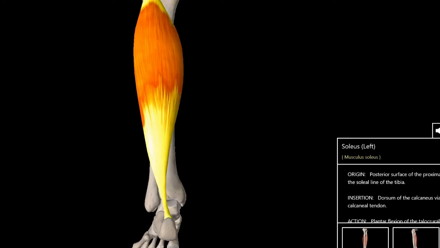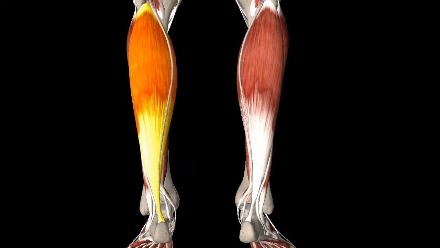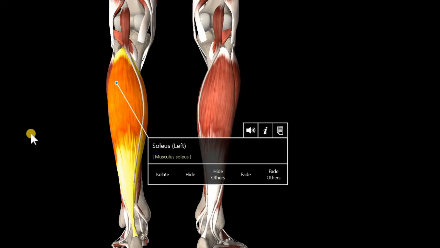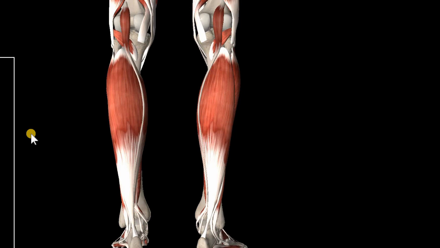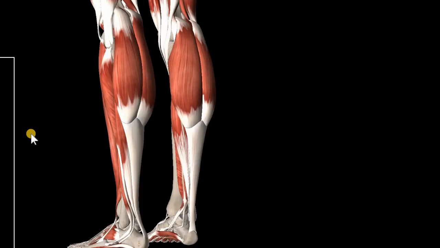What ends up happening clinically is the muscles, since they overlap each other, here's the gastroc and there's the soleus, they can end up adhering to each other, and the soleus starts to take too much pressure that the gastrocnemius should otherwise be taking. So the soleus is the one that gets hurt or tight.